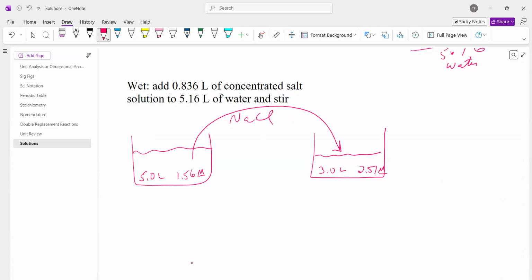Okay, so a couple ways to look at this. We have moles, let's call this A, B. We have moles A, moles B. When we add those together, how many moles do we have total?